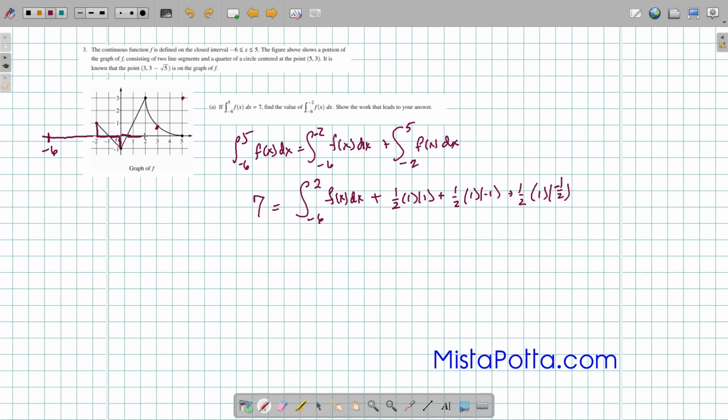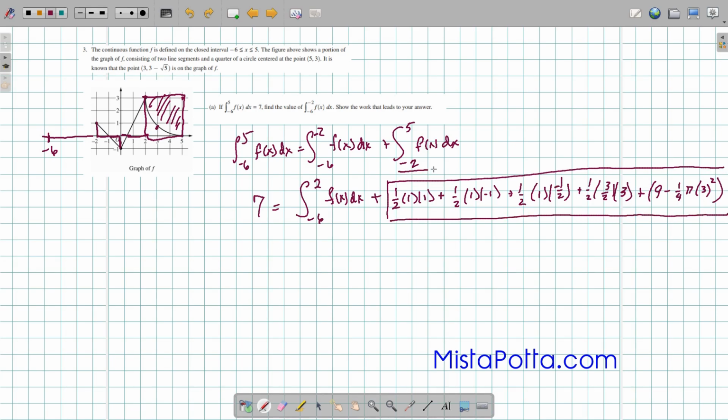This triangle here has a base of 3/2 and a height of 3, plus 1/2 my base, which is 3/2 times my height, which is 3. Plus, and now I've got this region over here, which would be a square, but I've got to subtract this quarter of a circle. So this is going to be 9 minus 1/4 of pi times r squared. So all of this is my integral from -2 to 5.